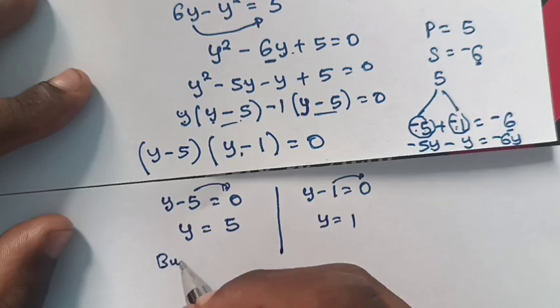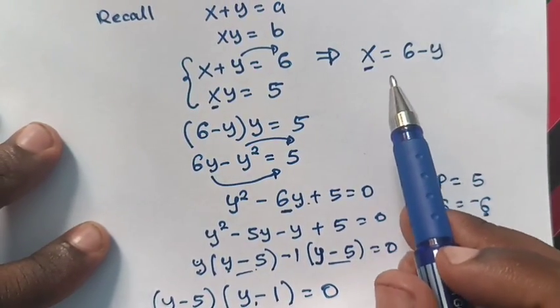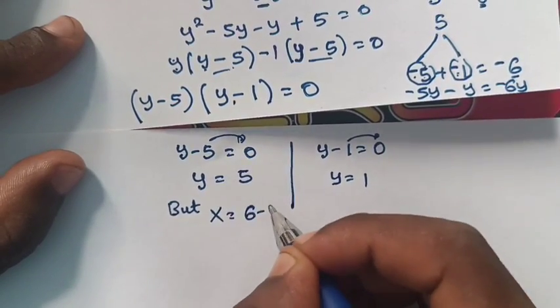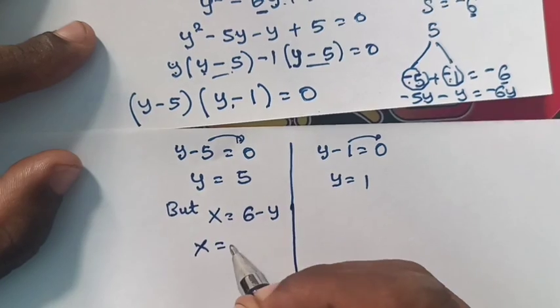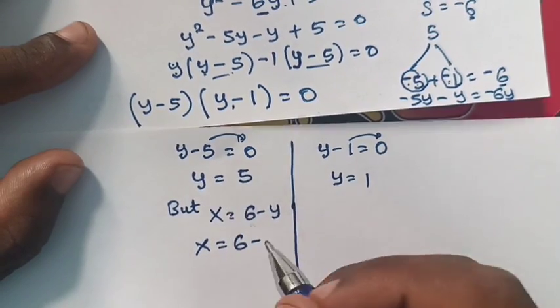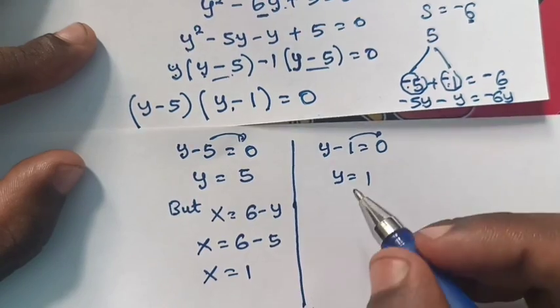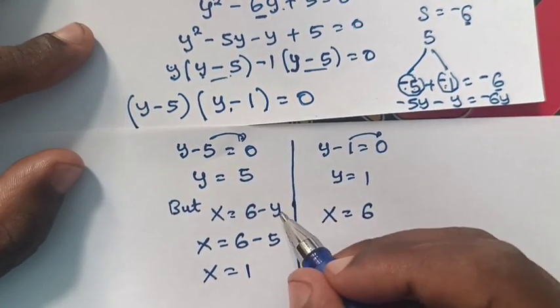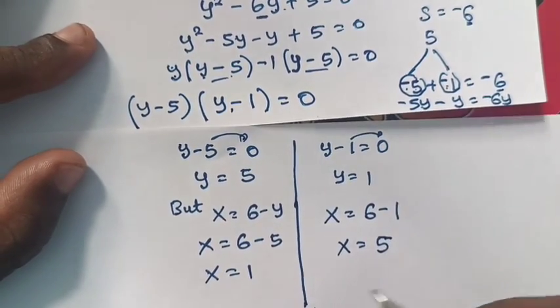But then x is equal to 6 minus y. If y is equal to 5, so x is equal to 6 minus 5. So x is equal to 1. And also here, x is equal to 6 minus y. y is 1. So x is equal to 5.